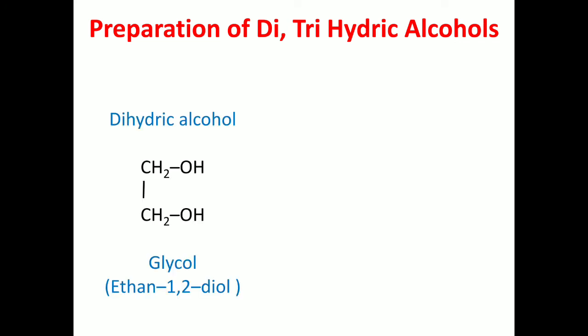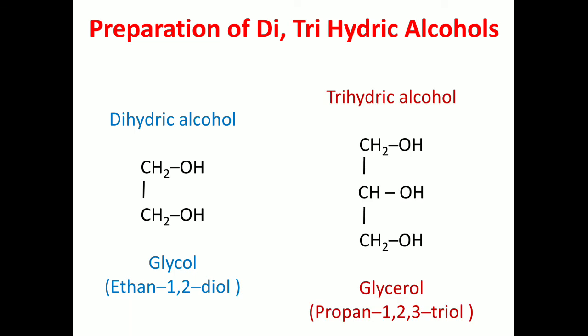So glycol, that is ethane-1,2-diol, is one of the dihydric alcohols because it contains two hydroxyl groups, and glycerol, that is propane-1,2,3-triol, is the trihydric alcohol because it contains three hydroxyl groups. Glycol is the example for dihydric alcohol and glycerol is the example for trihydric alcohol.